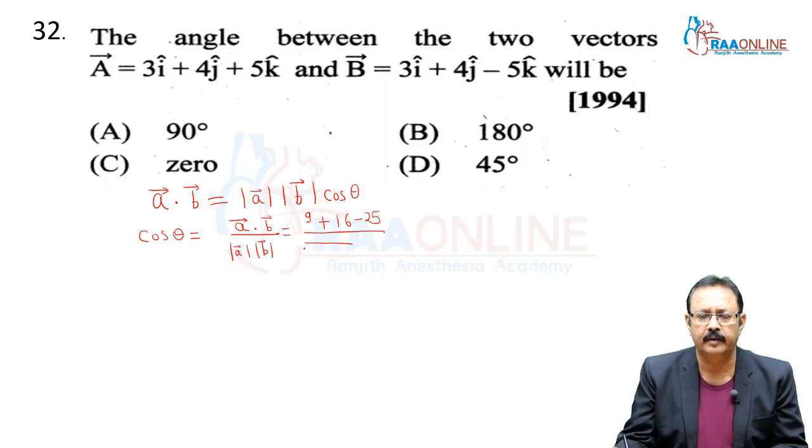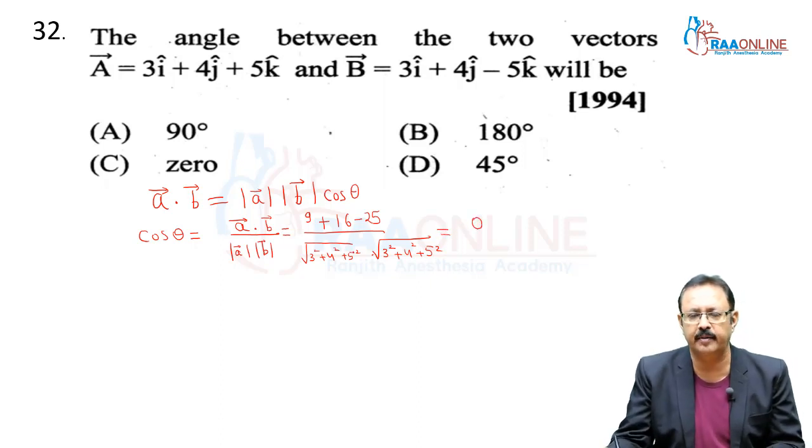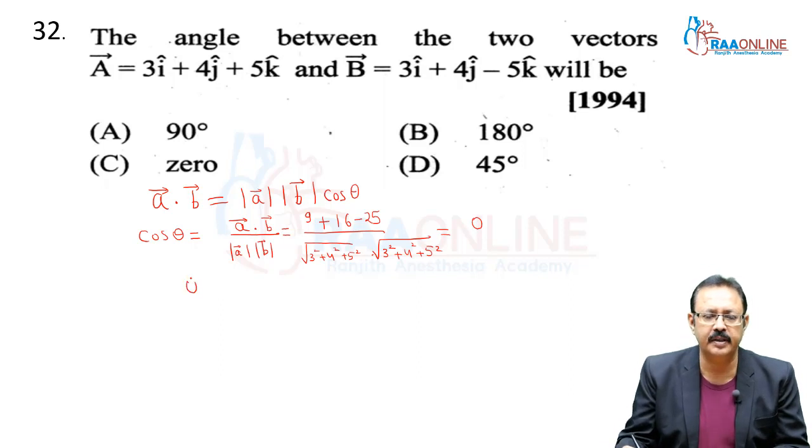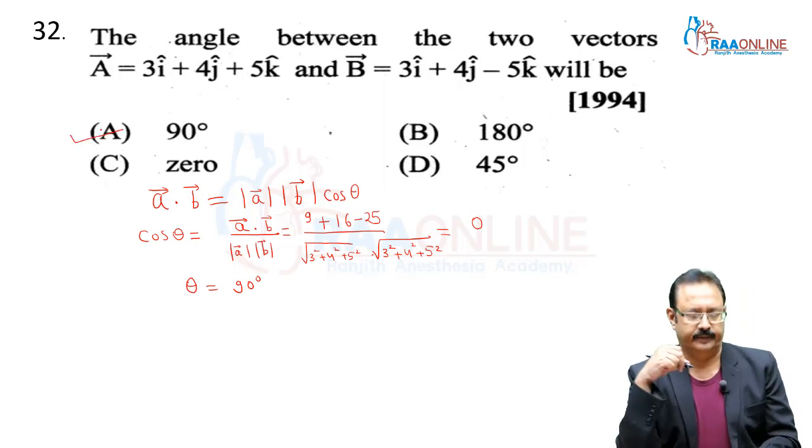Modulus of A, root of 3 square, 4 square plus 5 square. Modulus of B, but in the numerator it is 0. So 0 divided by any number is 0. It means theta should be 90 degrees. So we are going with option A.